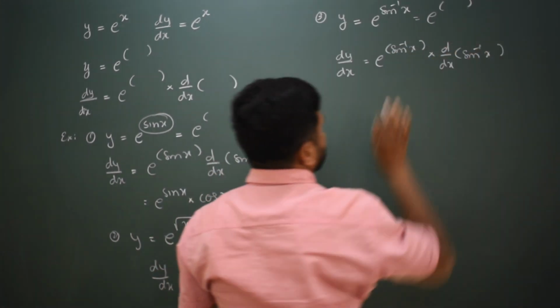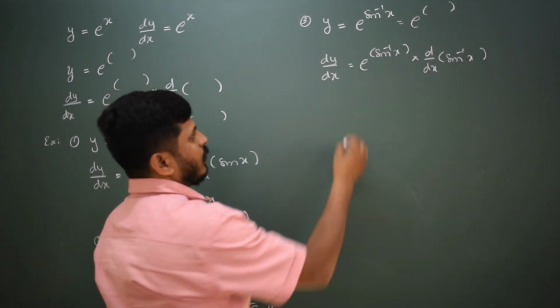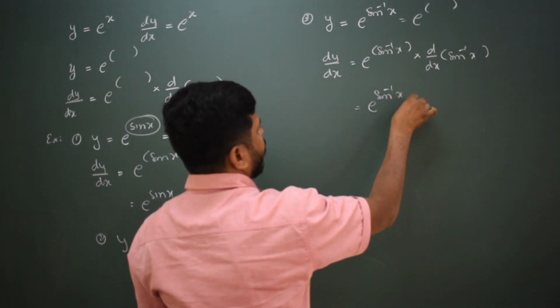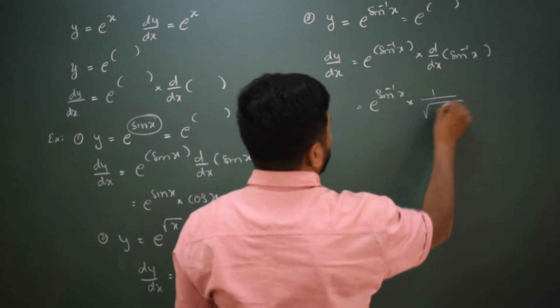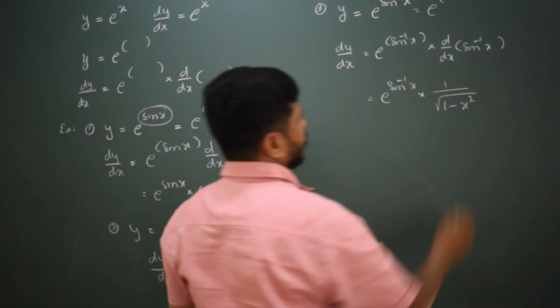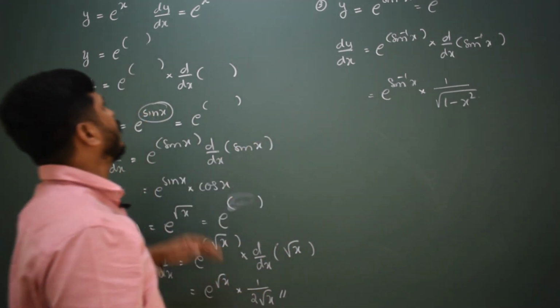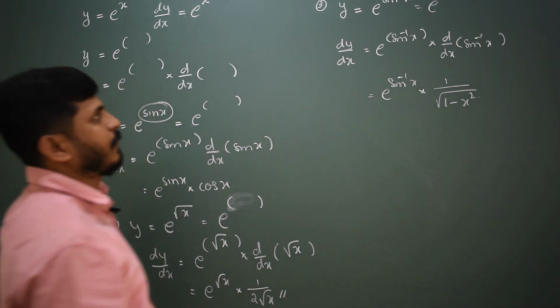Sin inverse x. Just fill the something in the place of something, you have to replace that function. That's equal to e raised to sin inverse x into differentiation of sin inverse x is 1 by root of 1 minus x square. So take any function in the place of something. You can take any function and differentiate it.